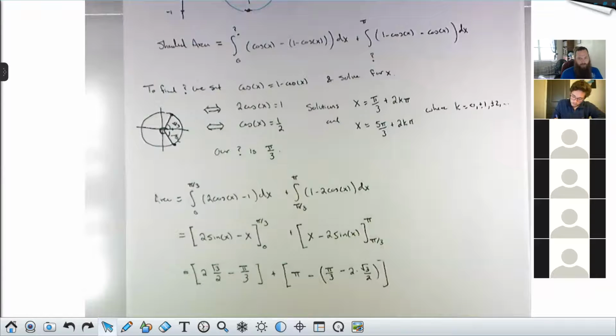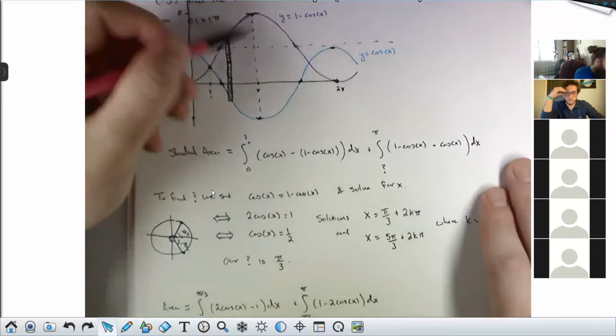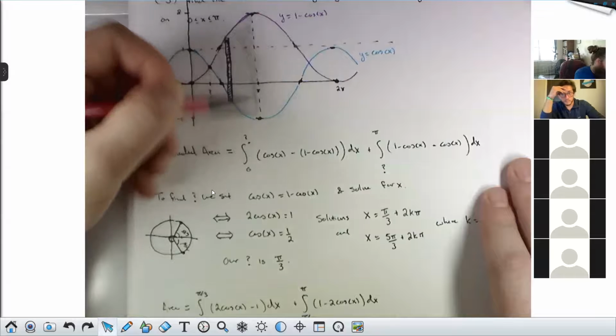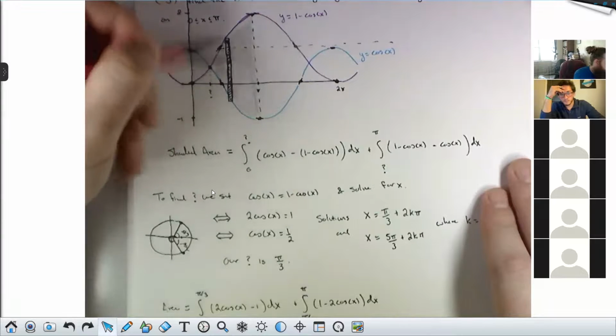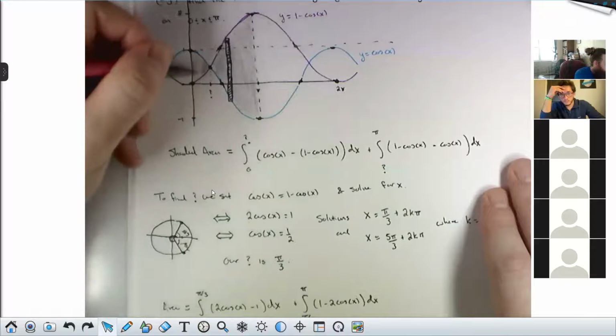So that's all the evaluation done. I could shade this a little bit more. So we've kind of got these 2 separate spots. There's this big one and this little one over here.